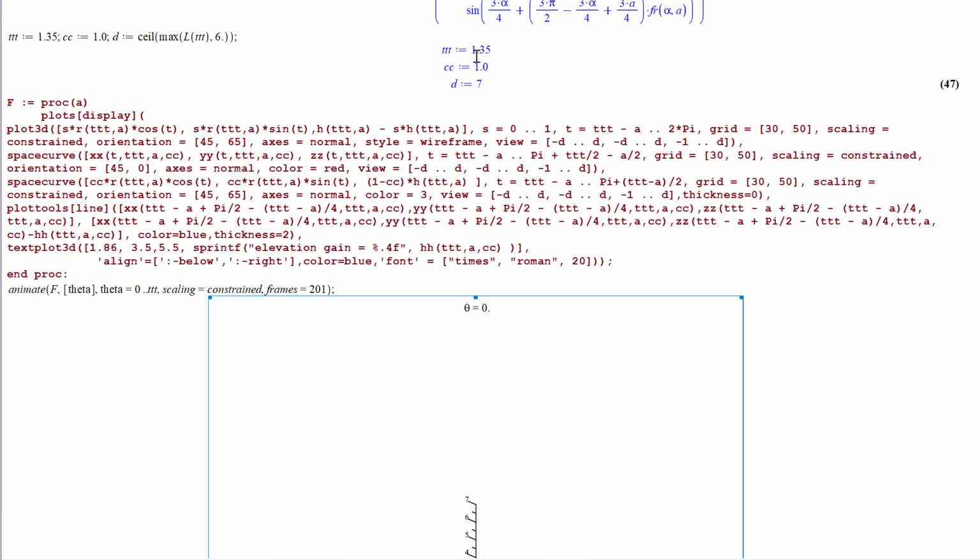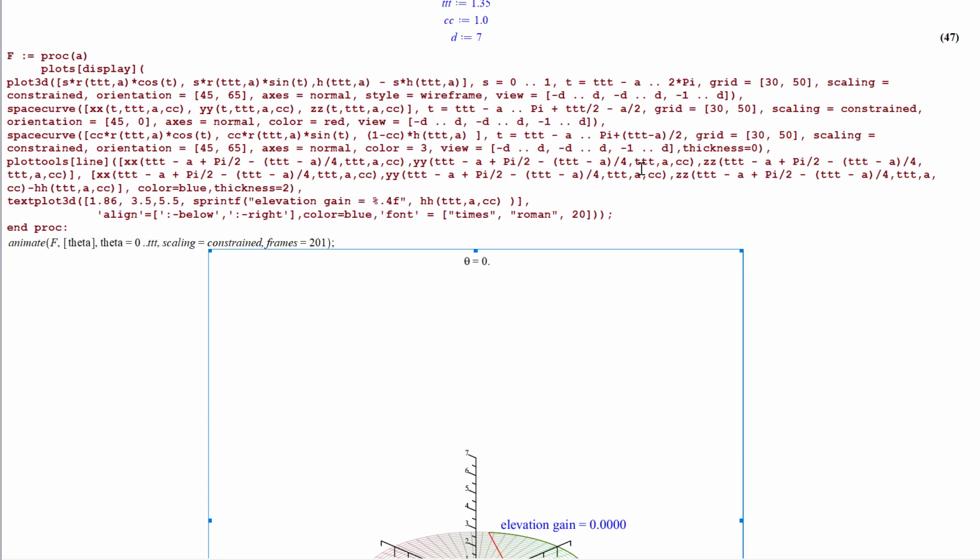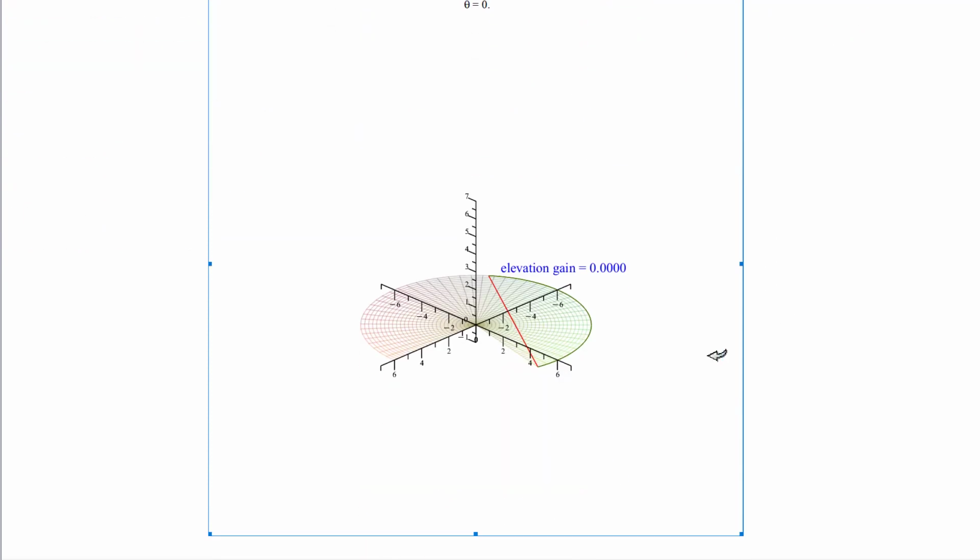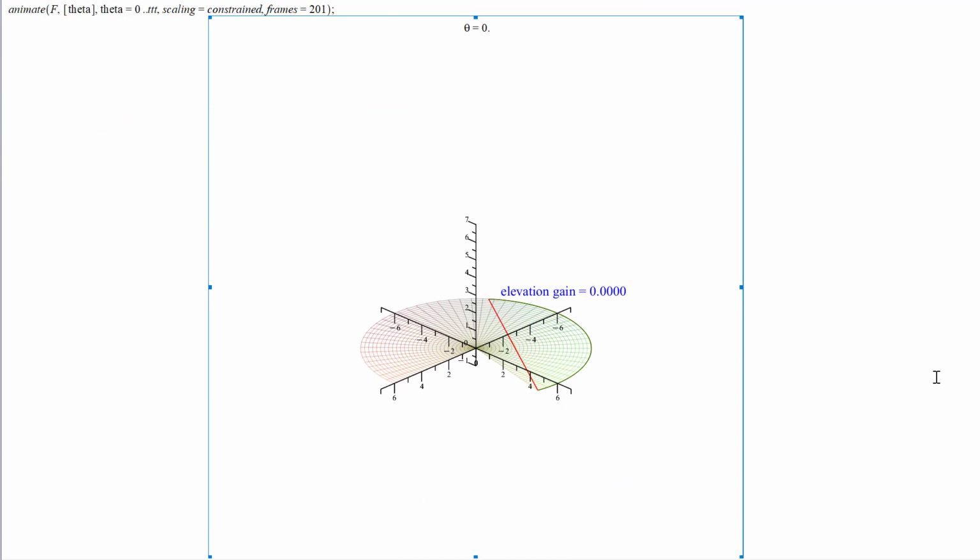So I'll first do it with alpha equal to 1.35, going 100% of the way down from the vertex along L. D is just for the window. Now I'm going to put them together by lifting up. As I lift up, this is the shape, and there's the elevation gain, as you see. So again, that's the max possible, 2.4922.